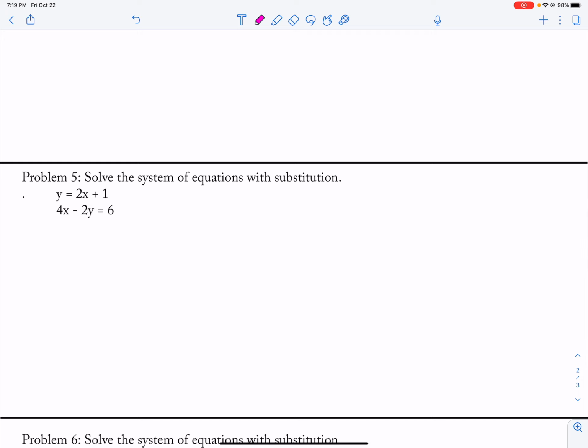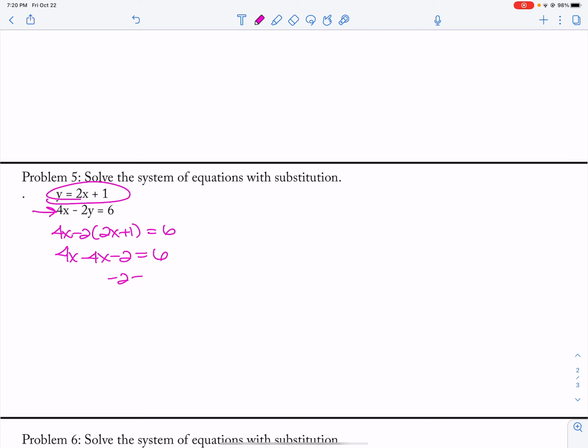Question 5, already isolated. Yes. Looking good today. All right, 4x minus 2 is equal to 2x plus 1 times... so I took my top equation and plugged it into my bottom equation. So I get 4x minus 4x minus 2 is equal to 6. 4x minus 4x is no x's.